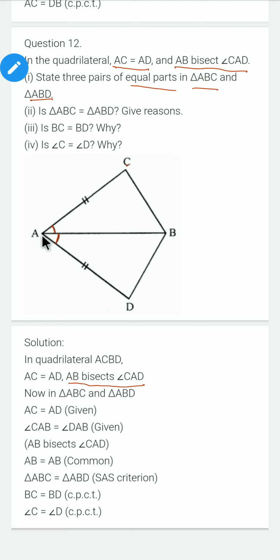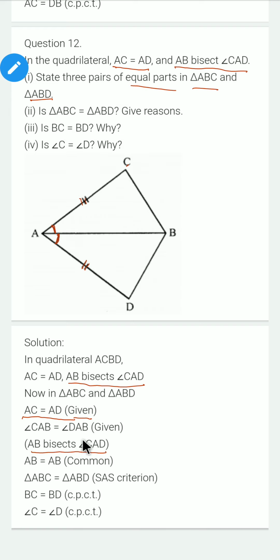Now in this triangle, this side is equal to this triangle's side. Here AC is equal to AD. Why equal? Because they are given. And this triangle's angle and this triangle's angle are equal. Why? Because AB is the bisector of angle CAD.